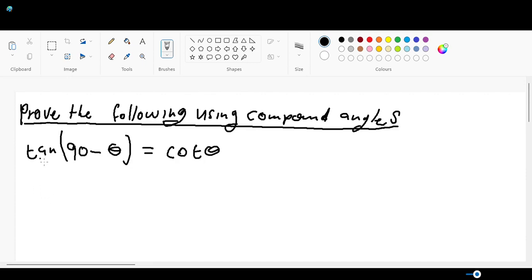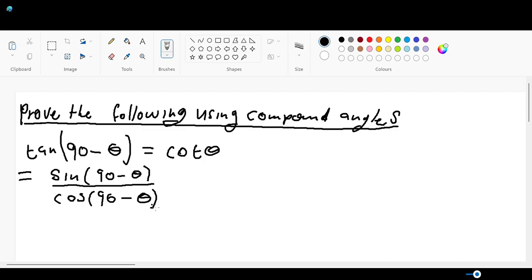Alright, so now tan is quite different, guys. You can remember that with tan you can actually change tan. I think it's easier to do it this way.